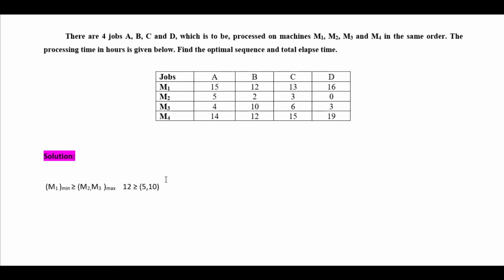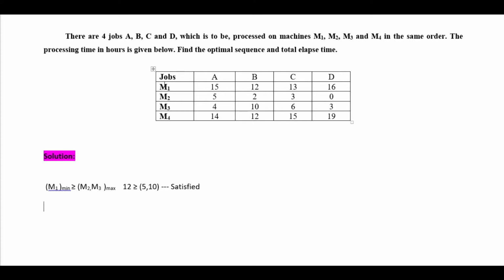So look at this inequality: 12 is greater than or equal to either 5 or 10. So this condition is satisfied. And we will move to the next condition.